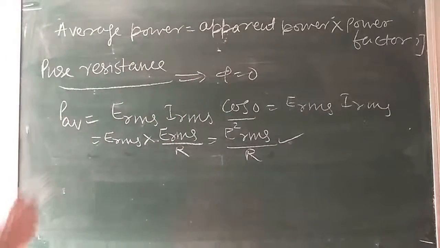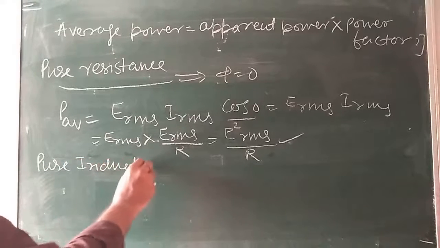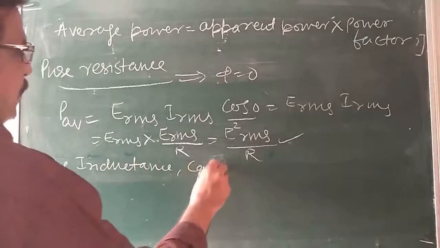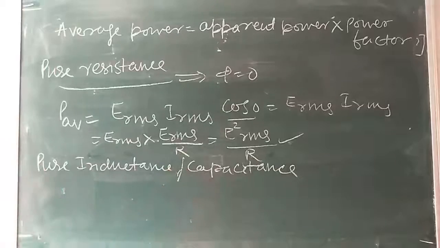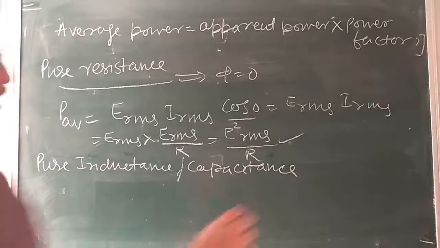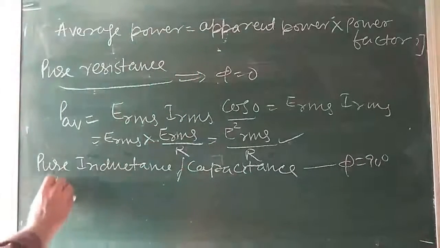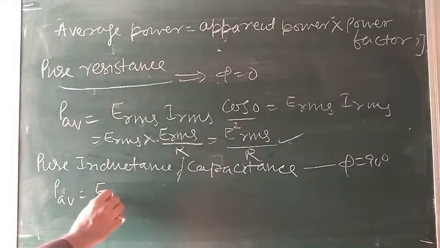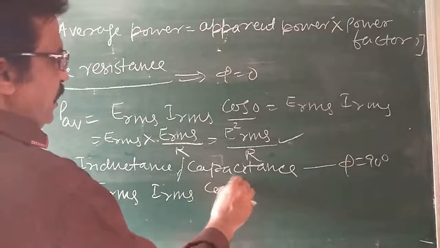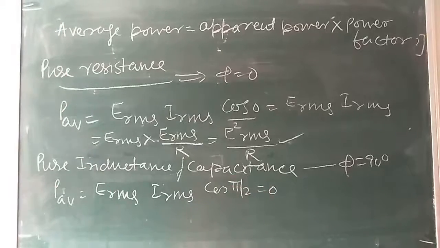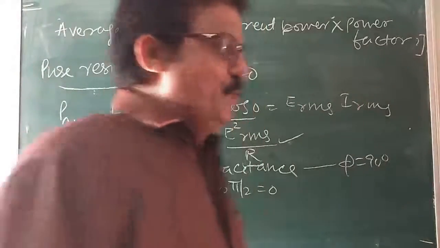Write down: AC circuit contains pure inductance or pure capacitance. It is clear? So the phase angle between EMF and current is 90 degrees. So power here would be ERMS, IRMS cos 90, and cos 90 is 0, my children. So the average power due to these two is 0.